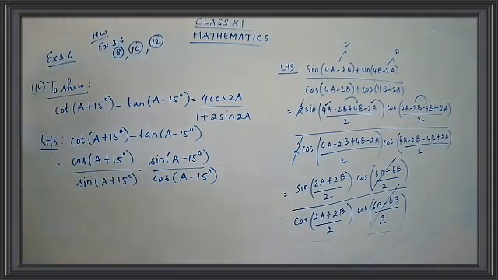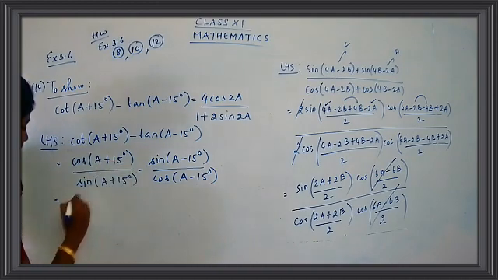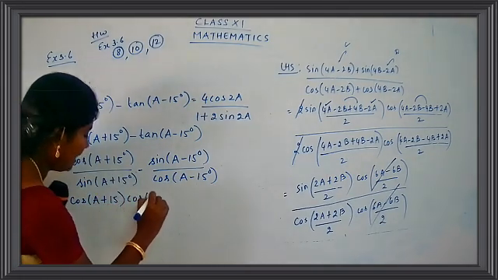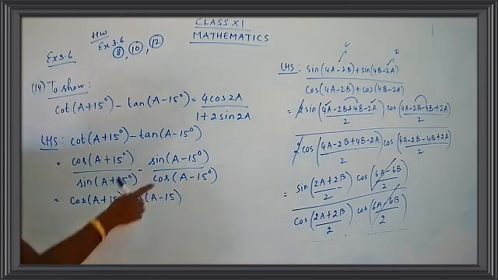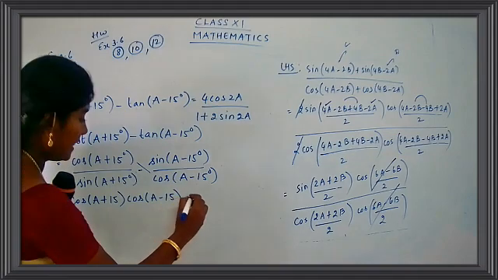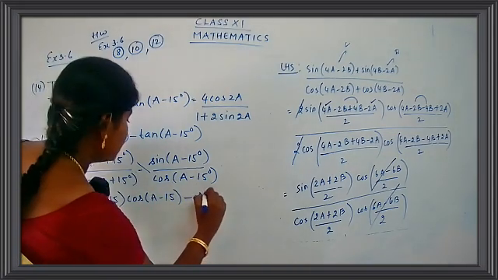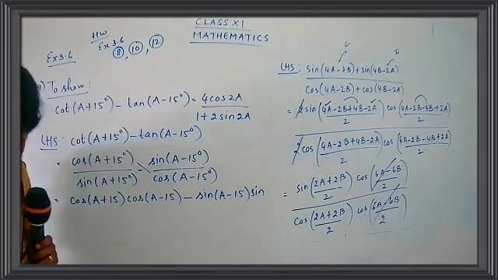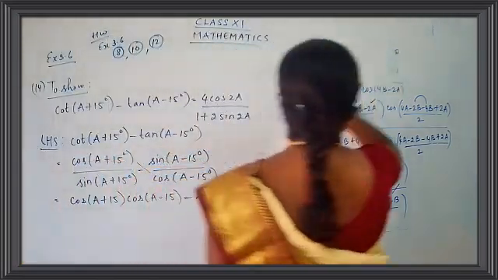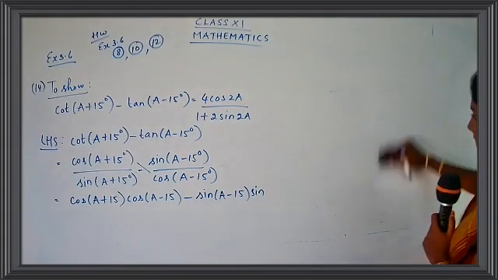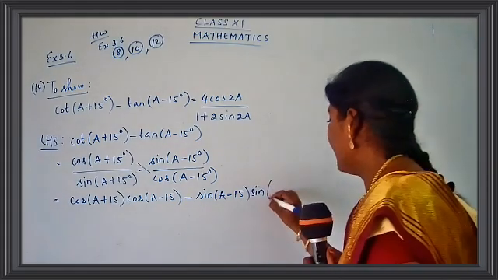We are just going to cross multiply over here. So you get cos(A plus 15) cos(A minus 15), and the main sign is minus, sin(A minus 15) sin(A plus 15).